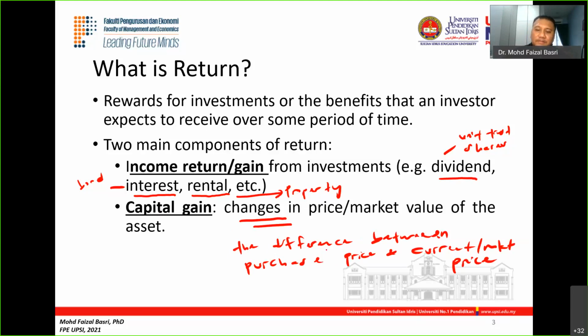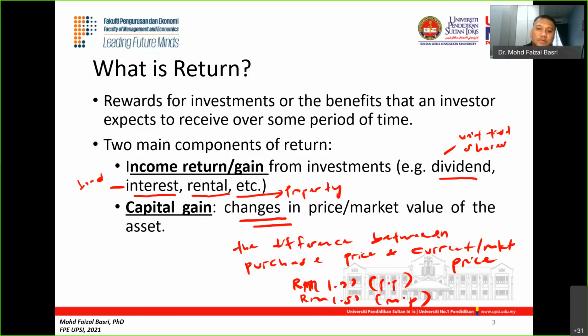Okay, as simple as, you purchase one stock at RM1, for example, your purchase price. And now the price of the stock increased to RM1.50. So this is the market price. Okay, so you see the difference of 50 cents. That is the capital gain.